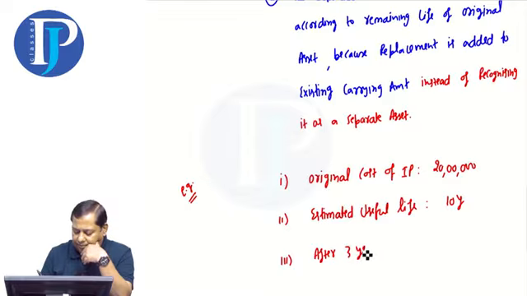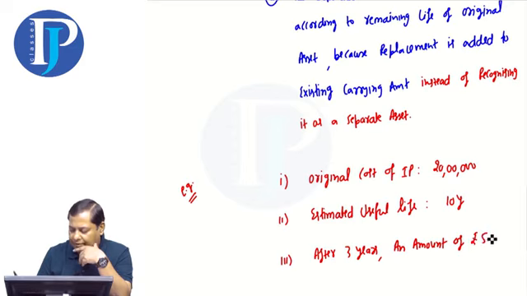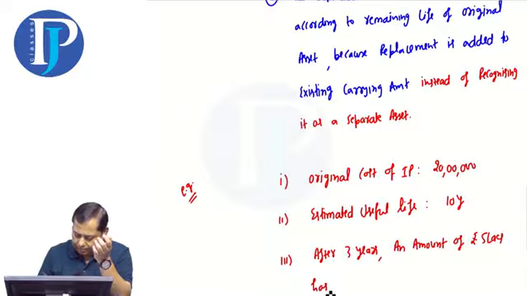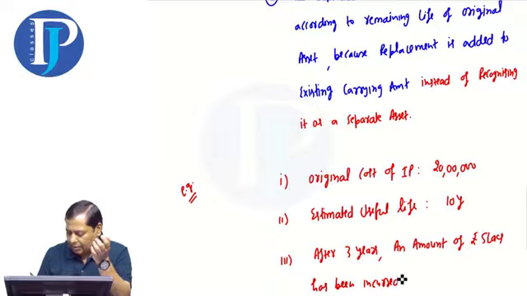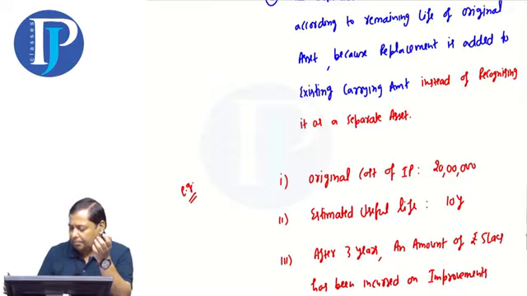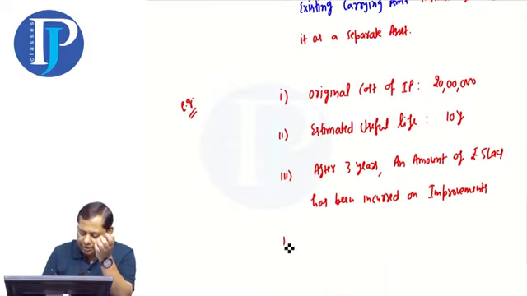After 3 years, an amount of 5 lakhs has been incurred on improvements. We have spent 5 lakh rupees on improvements.